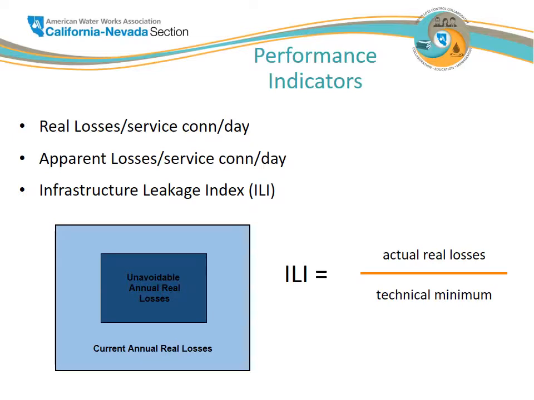So with an ILI of 2, for example, I know that my system is losing twice the amount of this modeled technical minimum for a system of my characteristics. That's going to be really useful to know and a very insightful way to think about where there's opportunity for improvement and what levels of losses we might expect for a very high performing system of your characteristics.